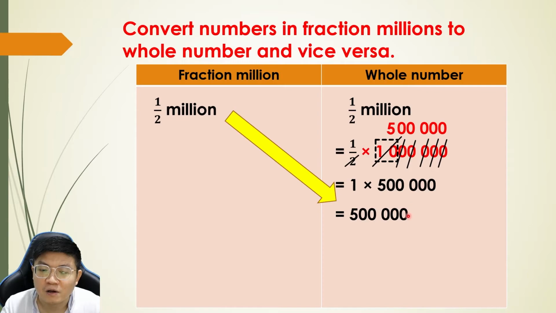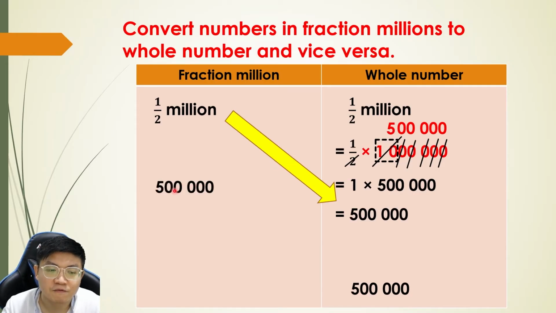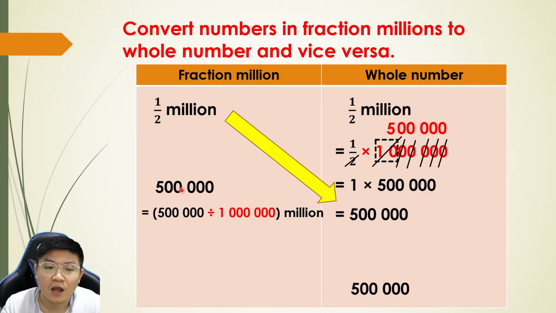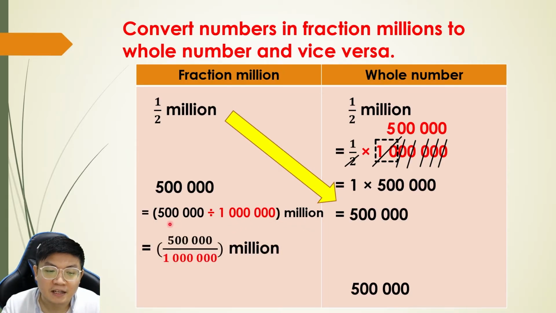But what if I want to do the reverse way? From whole number back to fraction million. I'm starting from 500,000. The next step, 500,000 divide by 1 million. So bracket it, million. Because I need a fraction, instead of moving the point, I write over 1 million. Now, there are so many zeros here.